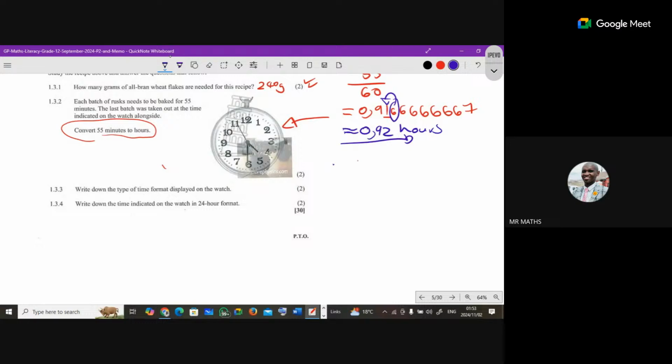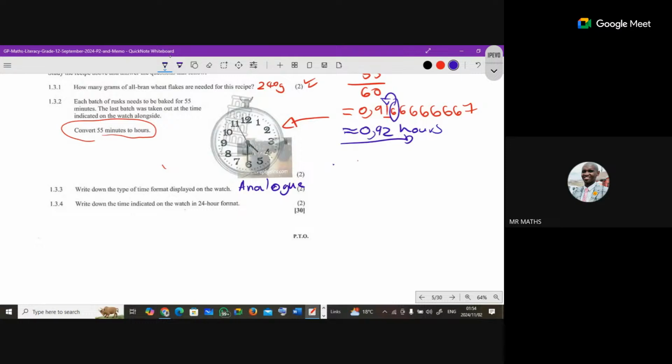This is not digital. So if it's not digital, it's called what? Analog. Okay, analog, spelled with an O here. So it's analog. Then there it is, that's 2 marks.